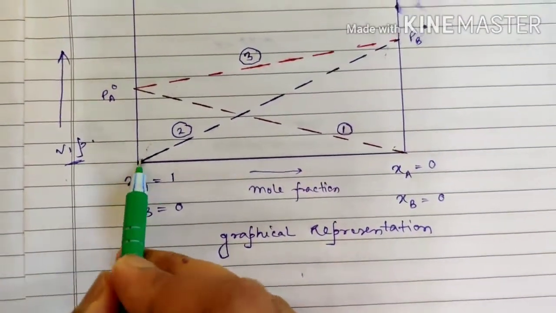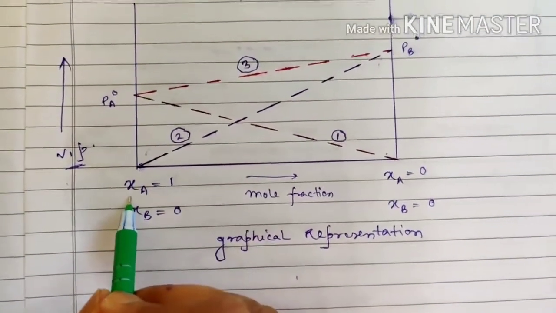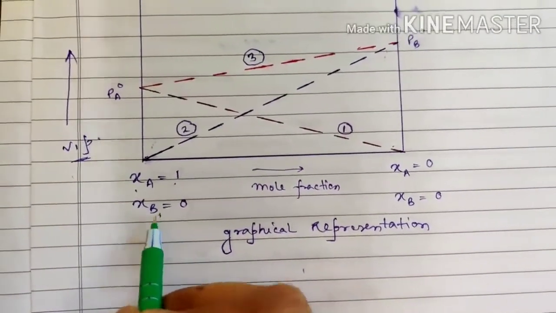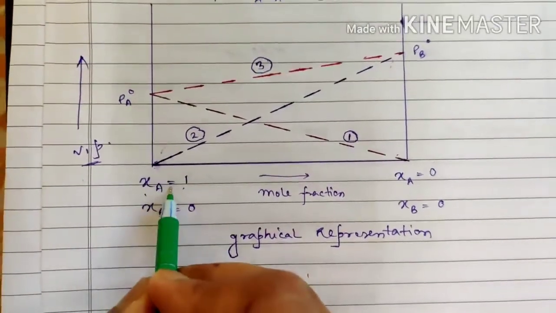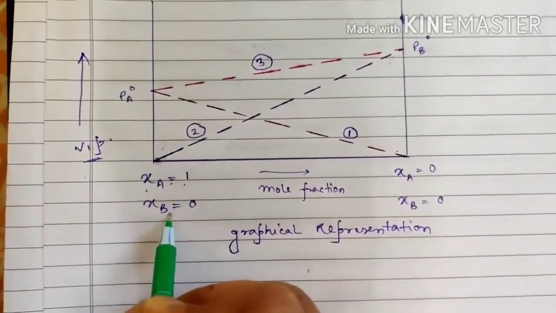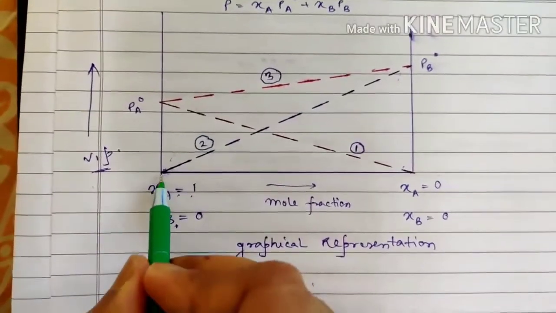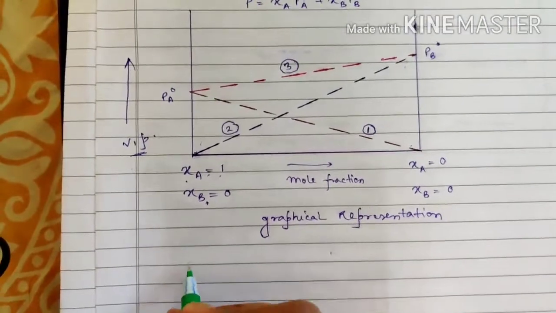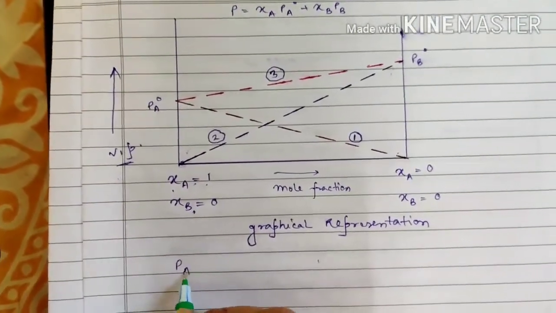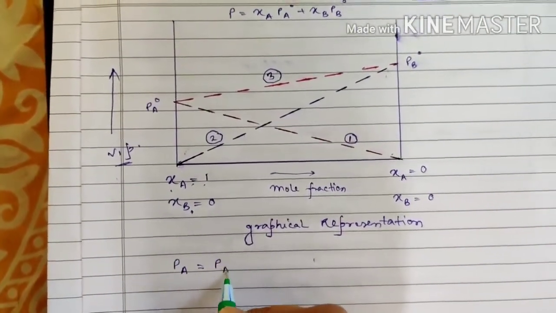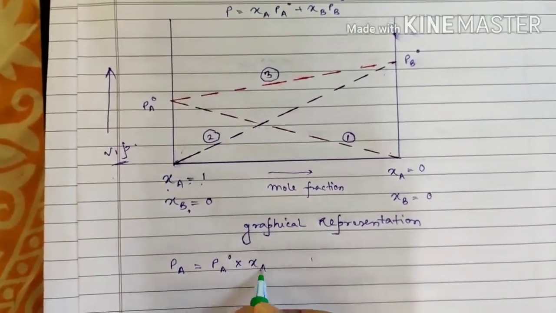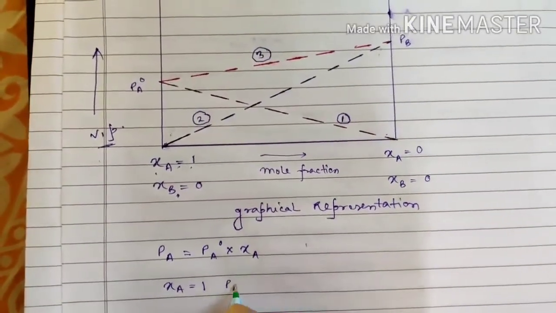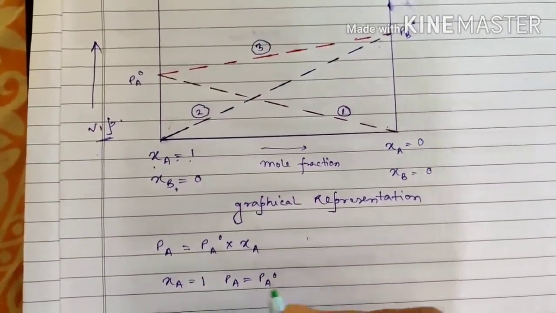Now on this point, since it's a binary solution, XA is 1, so of course XB has to be 0. So on this line, if you want to write PA is equal to PA0 into XA, here if XA is equal to 1, PA has to be PA0.